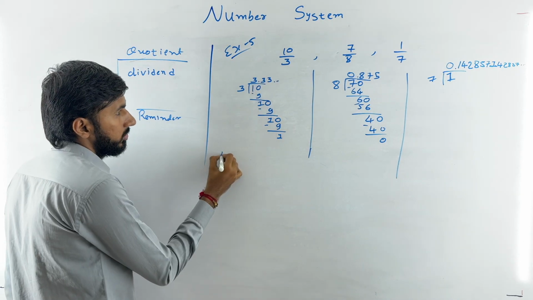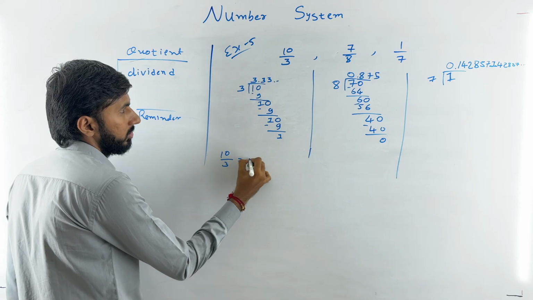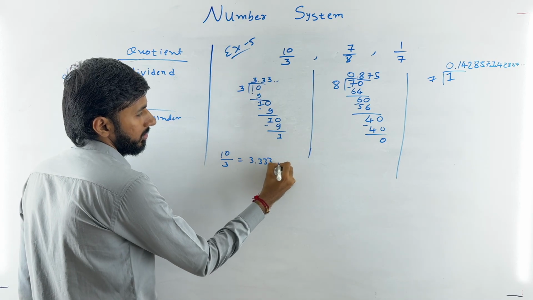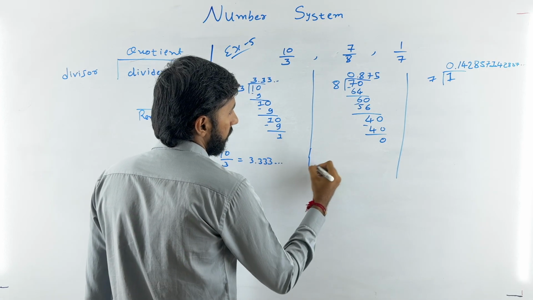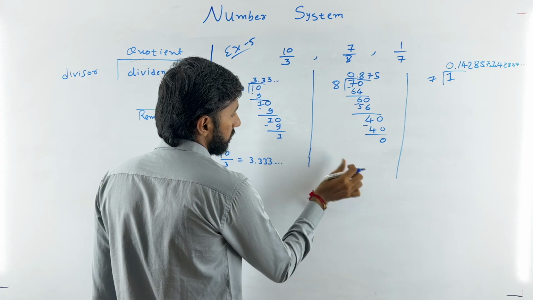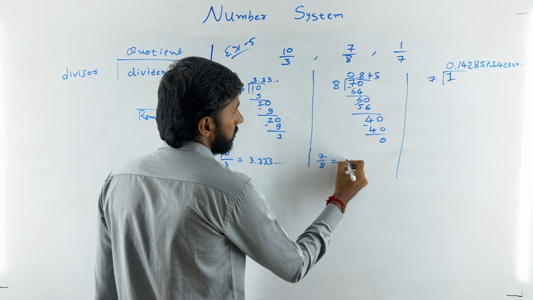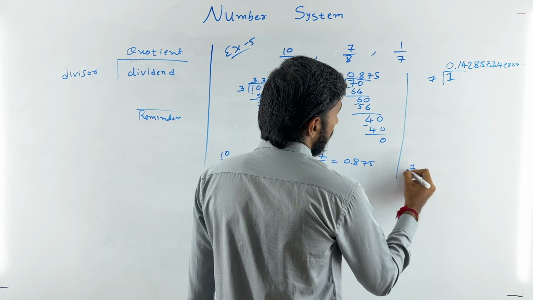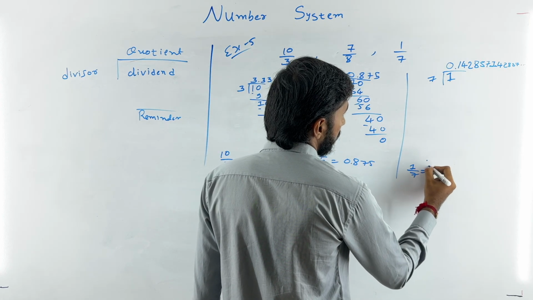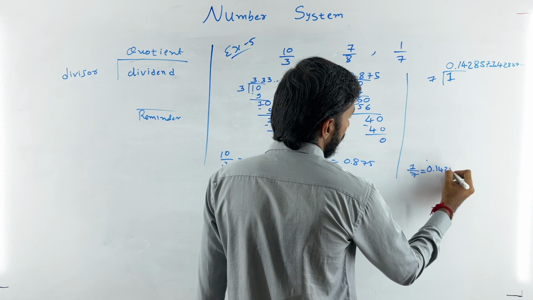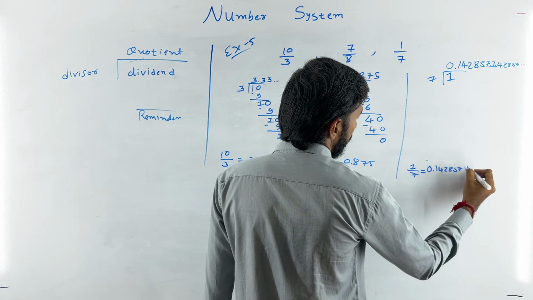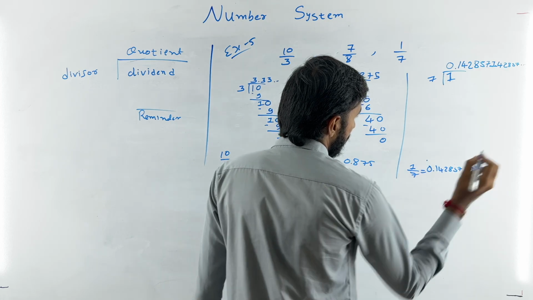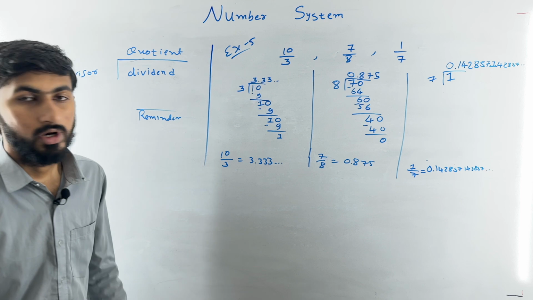For the first one, 10 by 3, my answer is 3.333. For the second one, 7 by 8, my answer is 0.875. And for the third one, 1 by 7, my answer is 0.142857142857, and it goes on up to infinity.